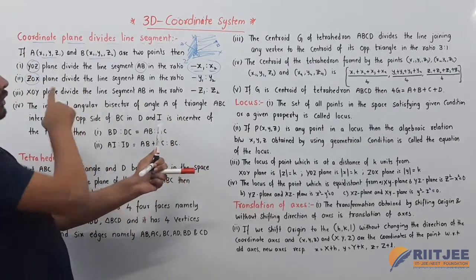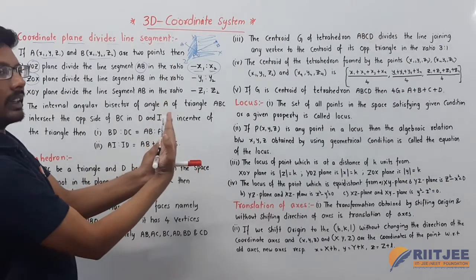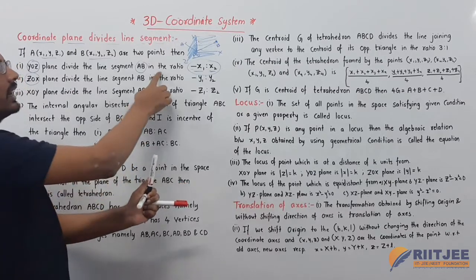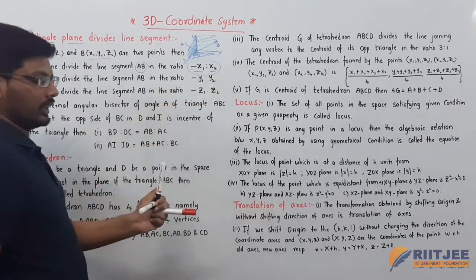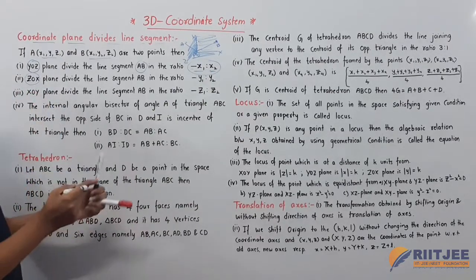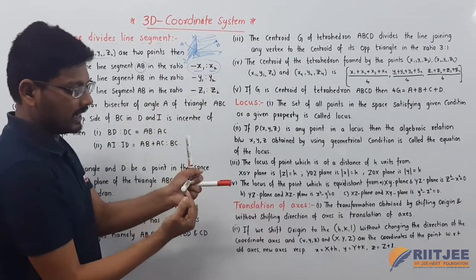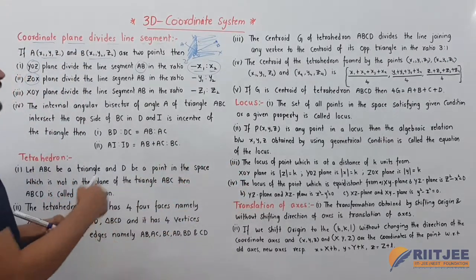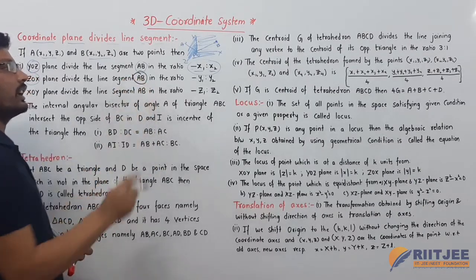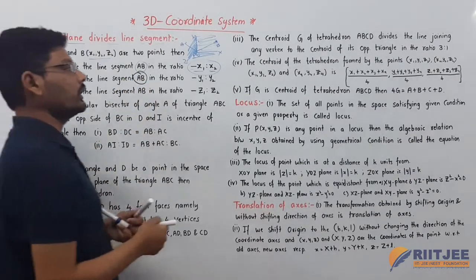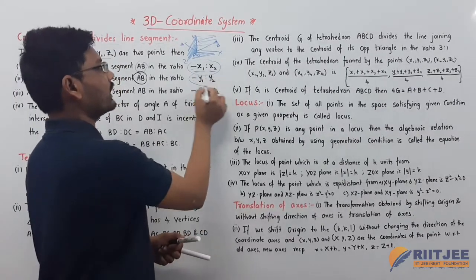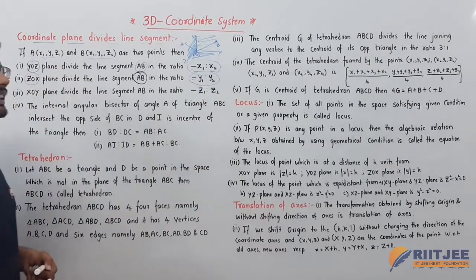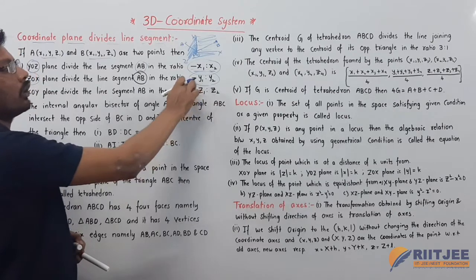The first plane is YOZ, this vertical plane dividing the line AB in the ratio of minus x1 to x2. And this ZOX, the base plane, divides the line segment AB in the ratio of minus y1 to y2. This is the negative of the y1 ordinate, and the positive of the y2 ordinate.